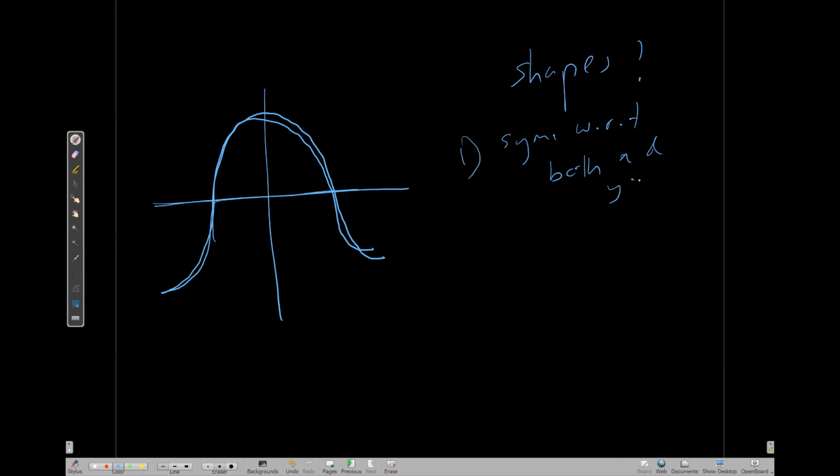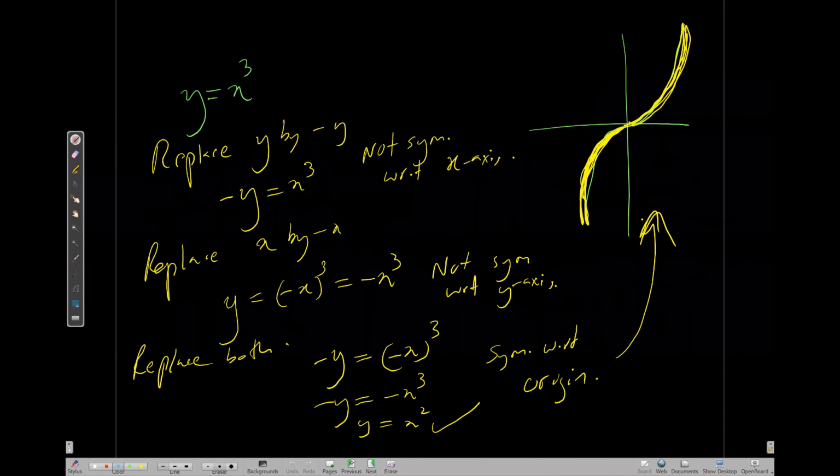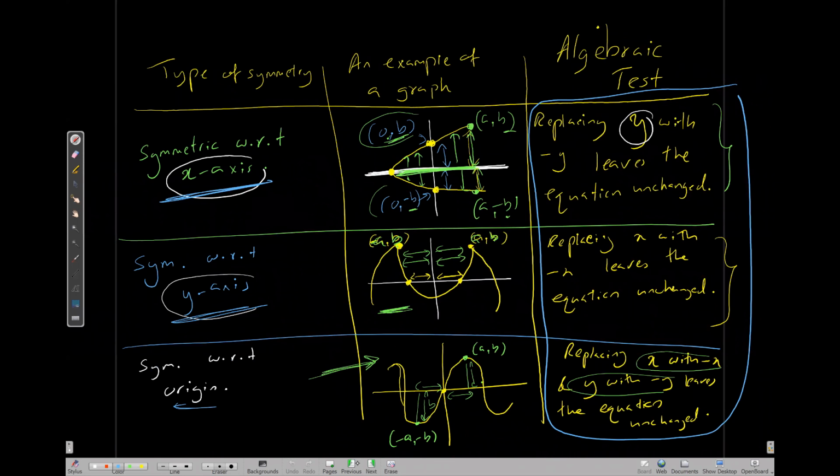So let me pose these two questions. Second, symmetric with respect to x-axis, y-axis, and origin as well. Now this is a little tricky. So my question is basically, can you think of a shape?